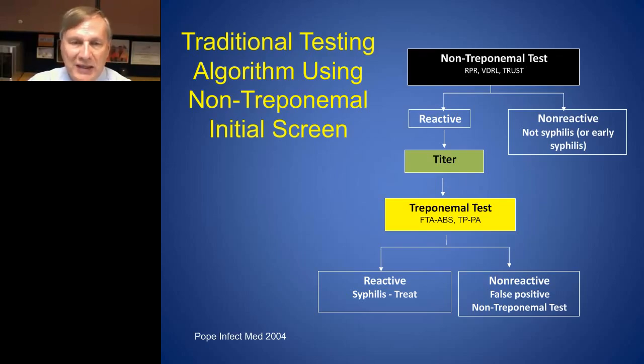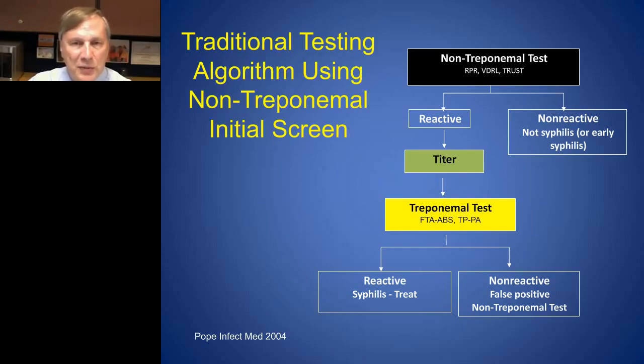If it was reactive, of course, we all know that we go to the titer. We titer the specimen out, and then we reflex that to a treponemal test. Historically, traditionally, that's been the FTA and TPPA. Now, those could be EIAs here, CLIAs, perhaps even a point-of-care test, the treponemal test.